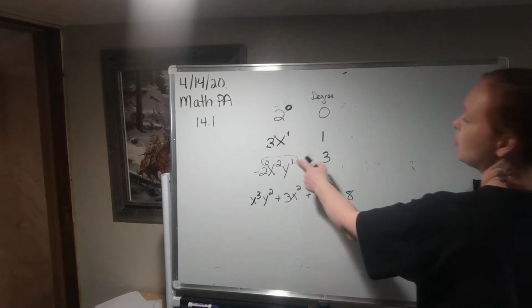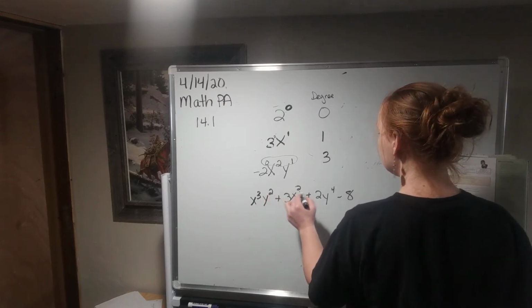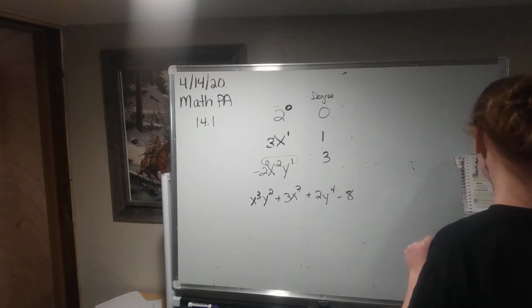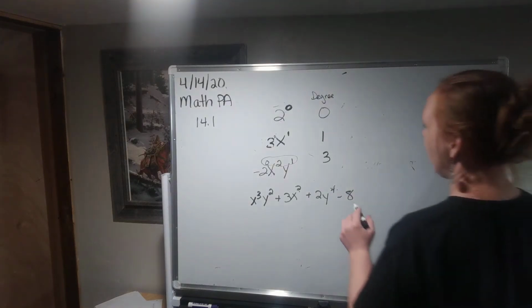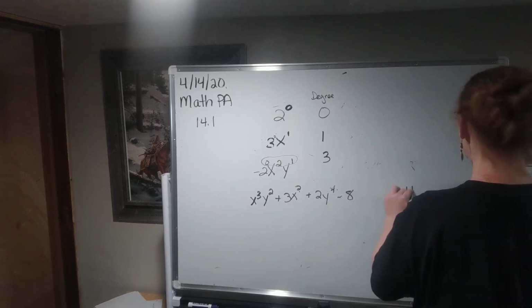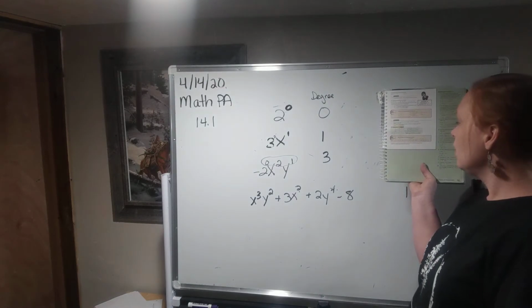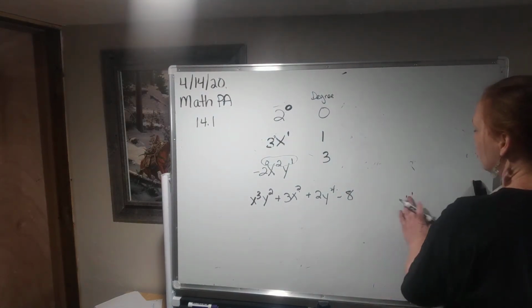There's none that need that 1 up at the top, and I'm going to add them. 3, 4, 5, 6, 7, 8, 9, 10, 11. Okay? Now, I want you to see how I added all of these up and I got 11. Well, why is the answer 5? Okay? Well, I'm going to explain that, okay? I'm going to explain why it's not 11.